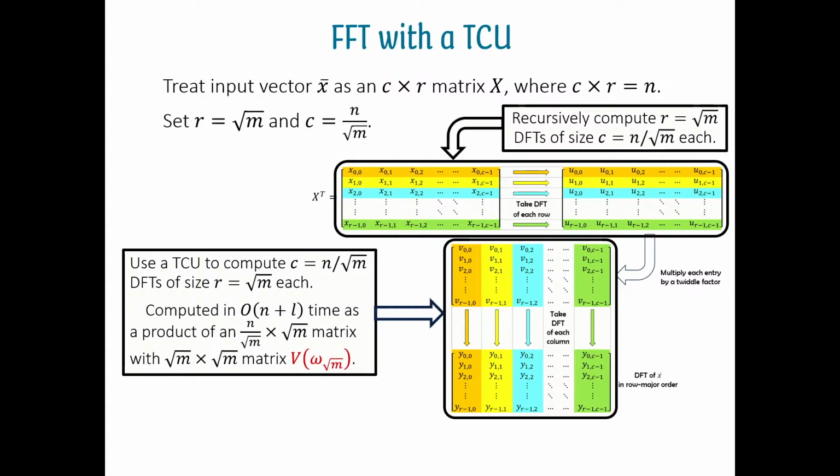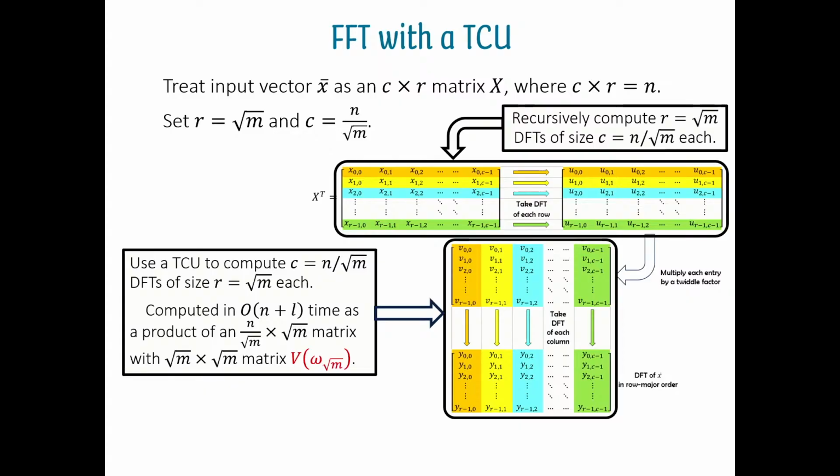So for all these n over square root of m DFTs, you have this Vandermonde matrix, square root of m by square root of m. That is your right matrix, and the left matrix will have n over square root of m rows, and each row will correspond to a vector of size square root of m.